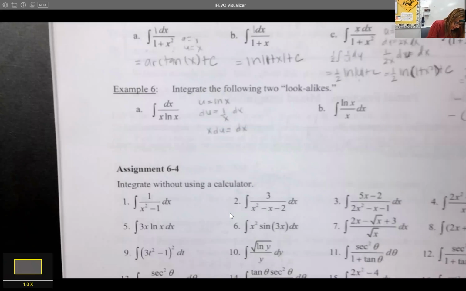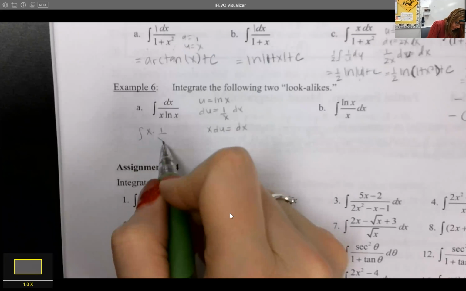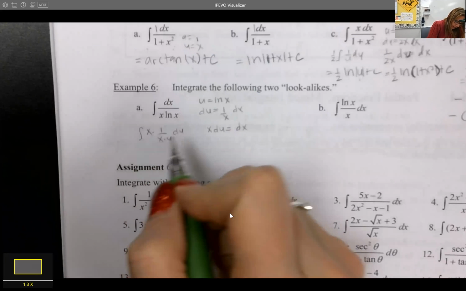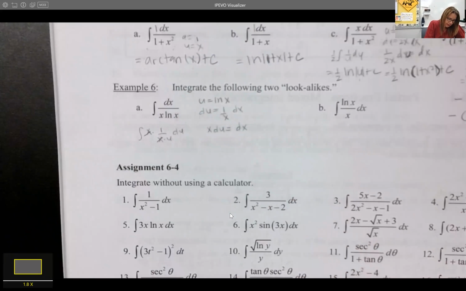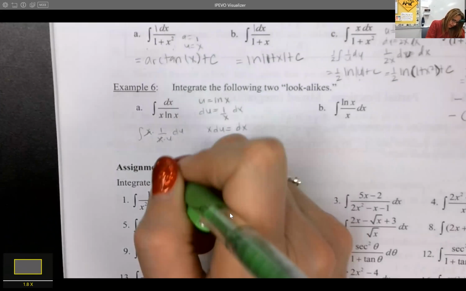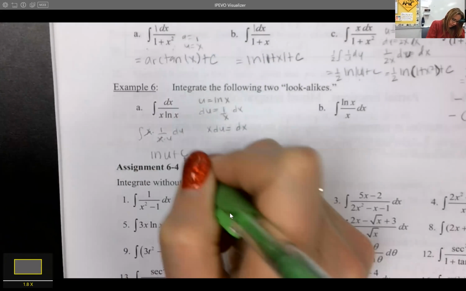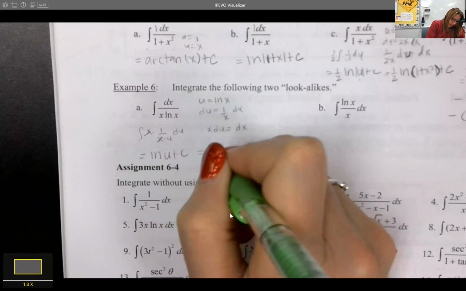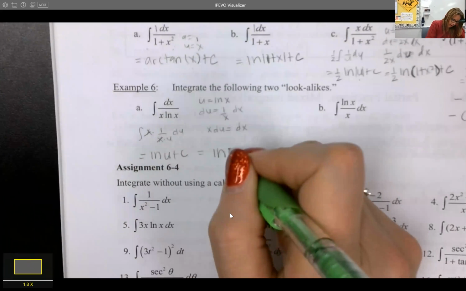Okay. So I've got the integral of x times 1 over x times u du. So the x cancels out. Okay. And then 1 over u is the natural log of u plus c. And then that's the natural log, and the u value is also a natural log.